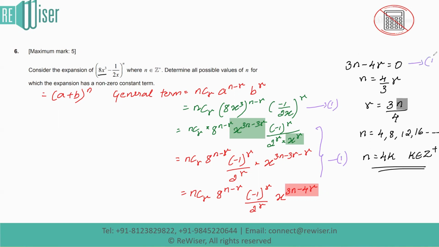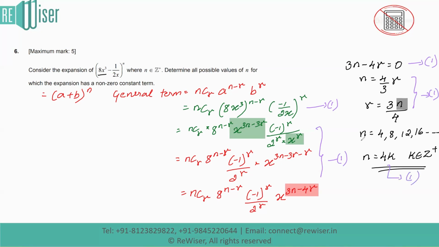So this plays a big role here. The fourth mark is for making r the subject or making n the subject, one of these two things. And the final mark is for finding the final answer.